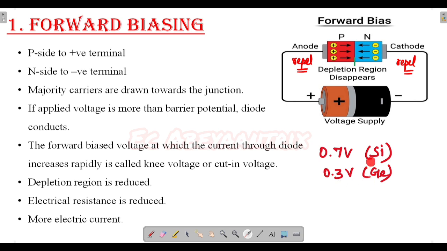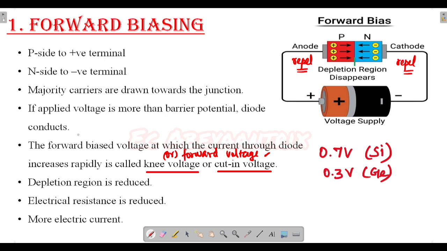In the same way, if we use a germanium crystal, we need to apply a voltage greater than 0.3 volt, and only then does the diode start conducting. The voltage at which the current through the diode increases rapidly is called the knee voltage or cut-in voltage, or we can also call it the forward voltage. Beyond that voltage only, the diode starts conducting.